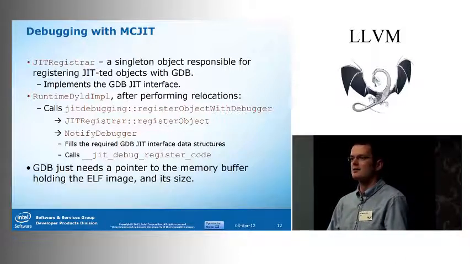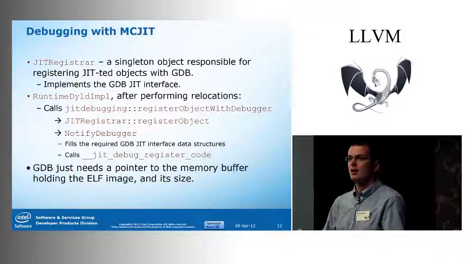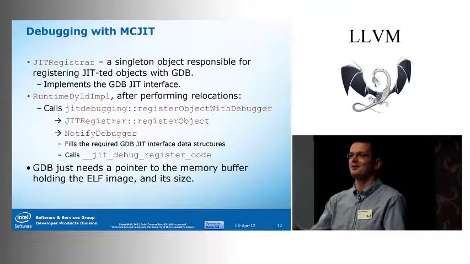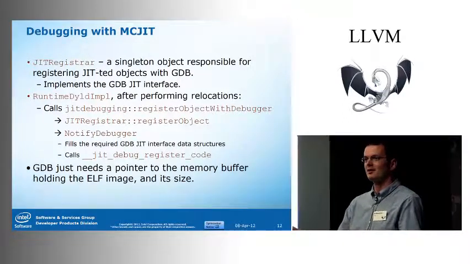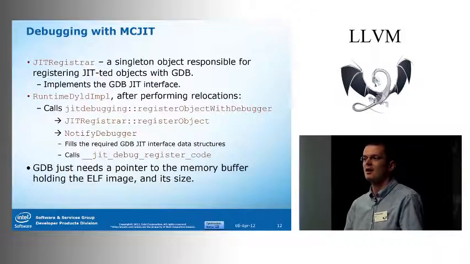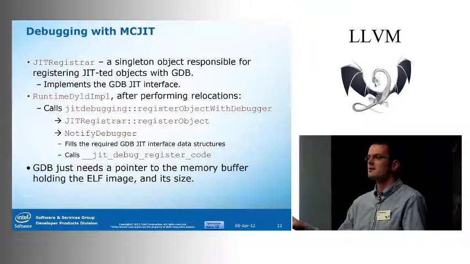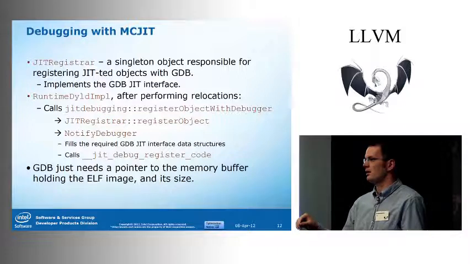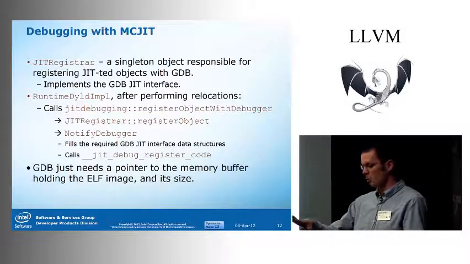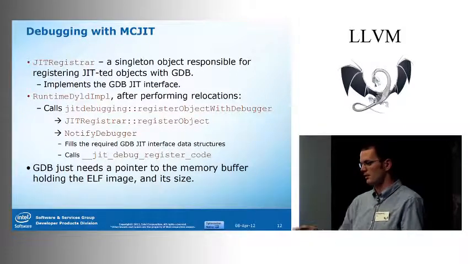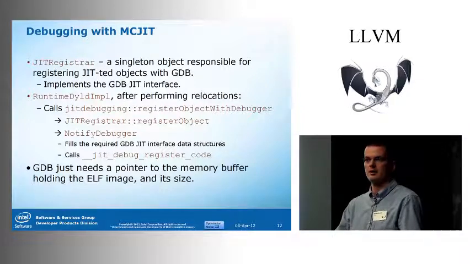What GDB does about shared objects, it puts a breakpoint inside the dynamic loader. It knows where to put it. It has some known routine there that it knows its address. And it uses a data structure, this LDSO, filled with the object files it loaded and the DWARF debug info for them. So the JIT interface does the same.